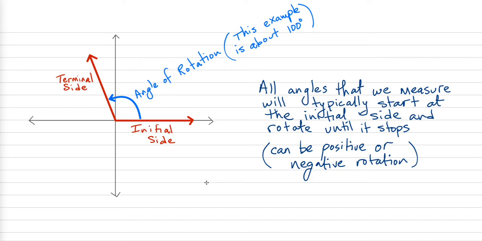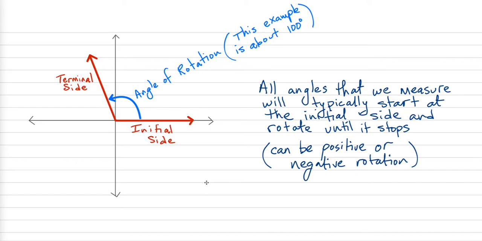Angles of rotation usually will start on the right-hand side like that. They don't have to, like navigation for pilots. They don't start on the right-hand side, they start facing up. But virtually everything you're going to do will start on the right-hand side like that.